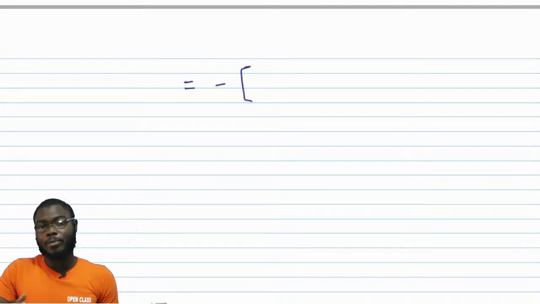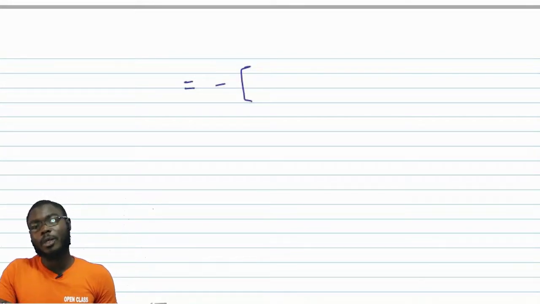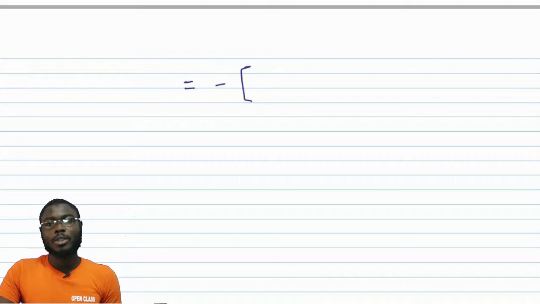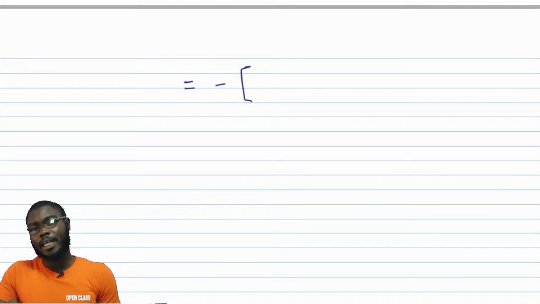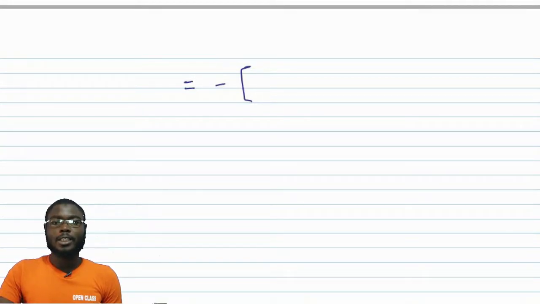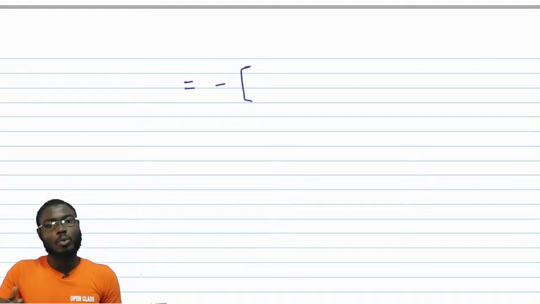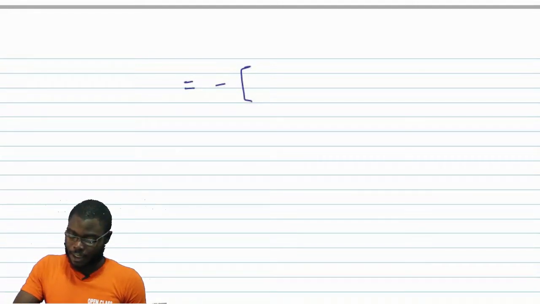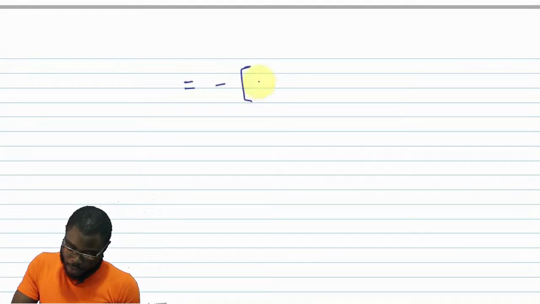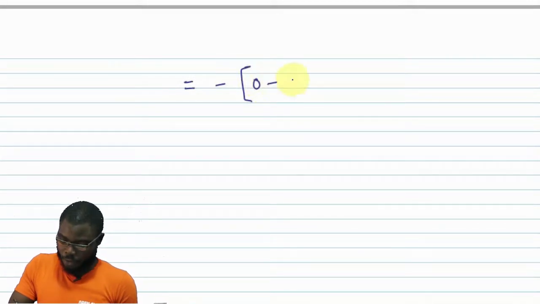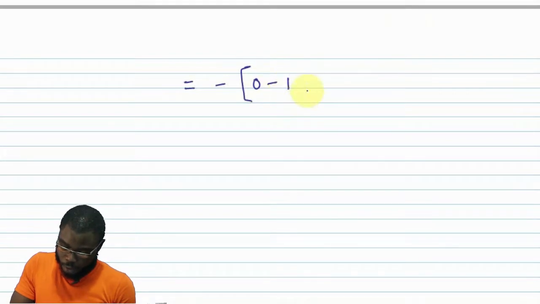Remember the theorem in mathematics that says cos of an angle is sine of its complement, and the complementary angle is 90 degrees. Sin 0 is 0, cos 0 is 1. So we have 0 minus cos 0, which is 1, so minus 1 plus a constant k.